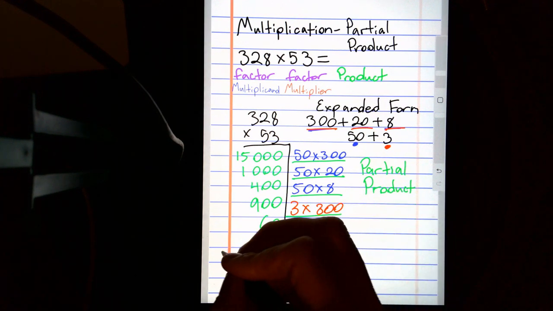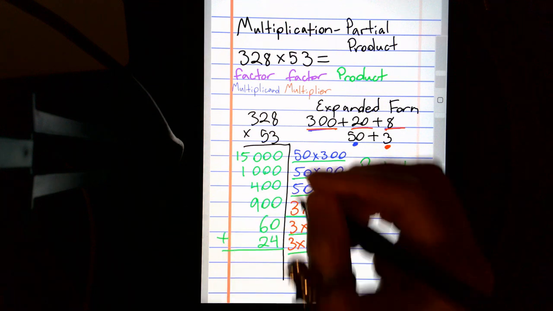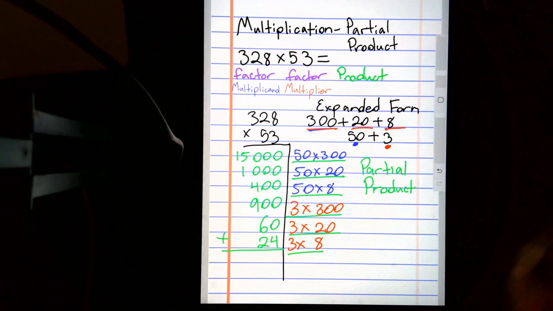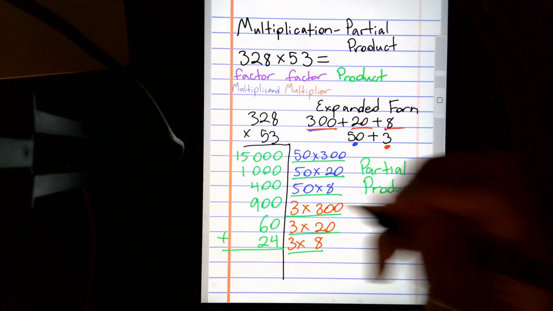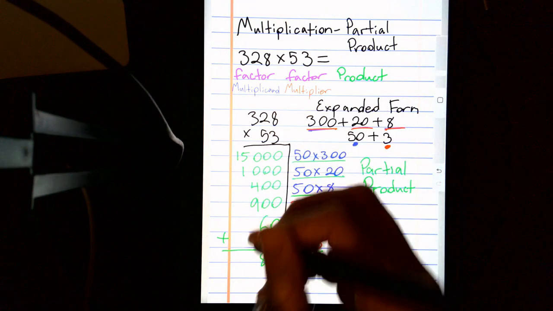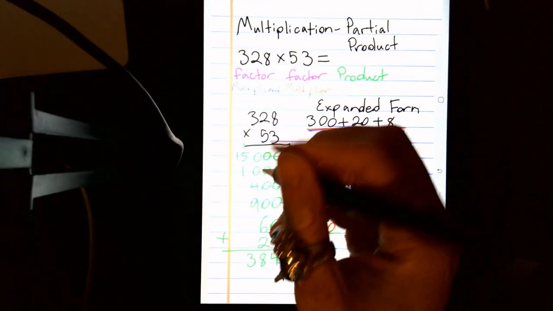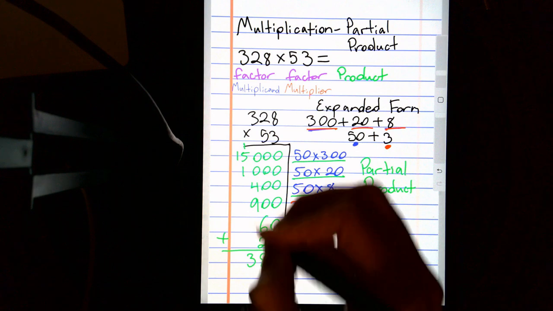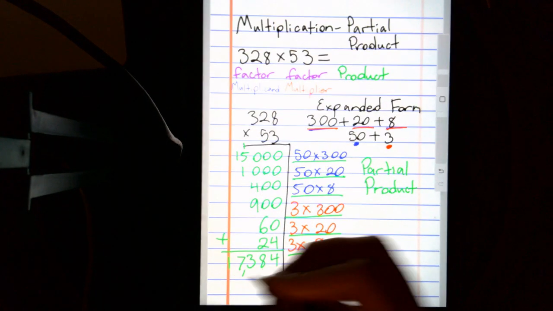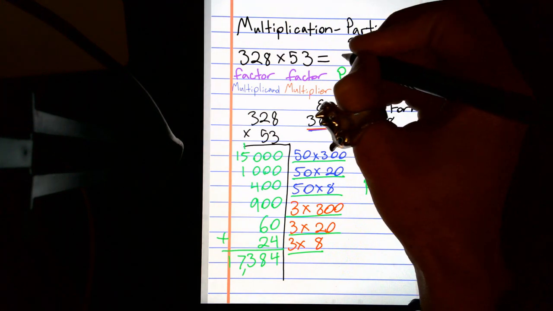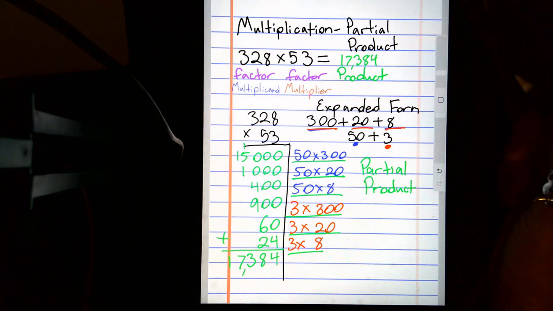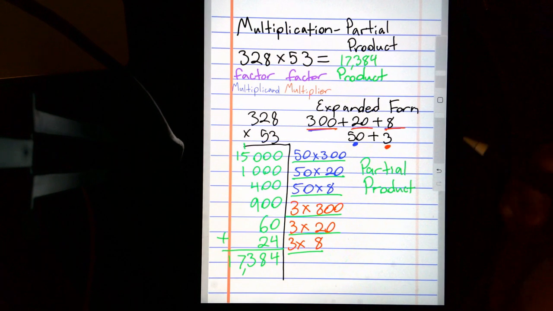24. And just like in the area model, we'll take all these partial products and add them up so we can get the whole product. 4 here, nice and quick. 13, bring that back. 3 down, 1 up. 7 and 1, resulting in 384, and that's how we would do the partial product.